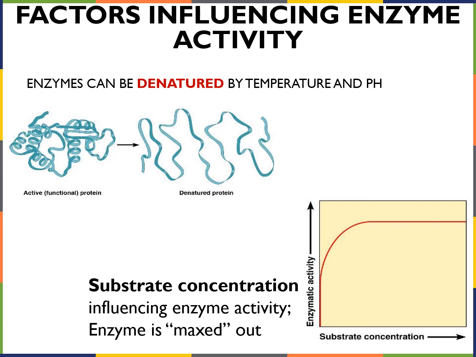Again, it's almost like a rate limiting step in chemistry. The reaction is only going to progress as much as the least concentrated component. And in this case, the least concentrated is the enzyme. So once all the enzymes are full, it doesn't matter how much substrate you have. No more chemical reactions can occur, and so the line plateaus.